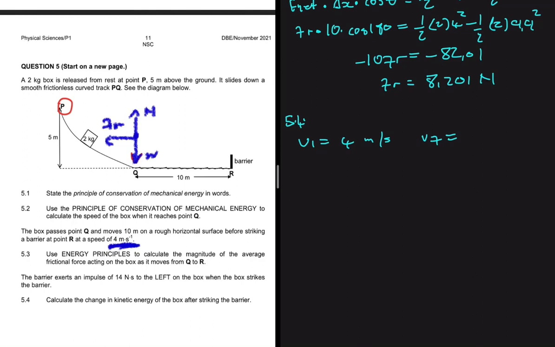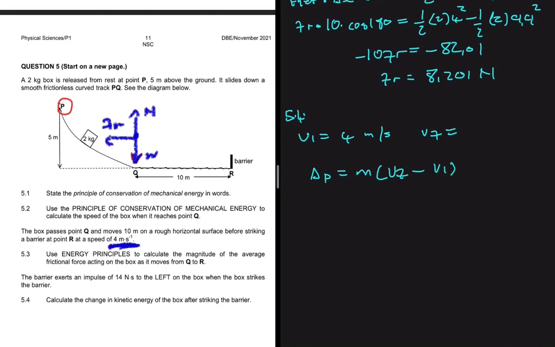But then how can we find that? We can find that using the impulse we're given, because we know fully well that the impulse is equals to m VF minus VI. The impulse is said to be 14, but to the left, let's remember that to the left. So we're gonna substitute that with a negative sign.